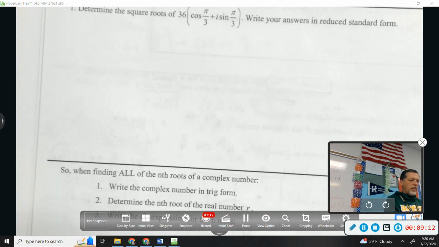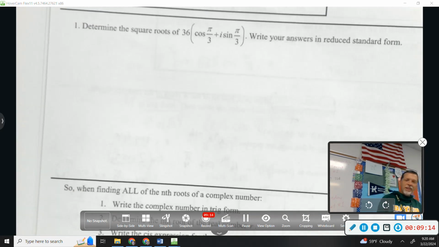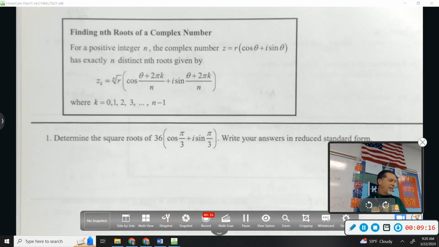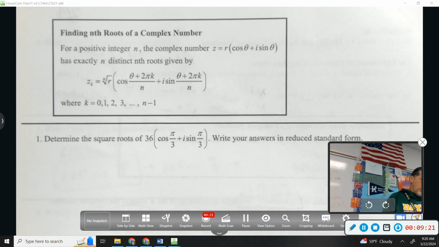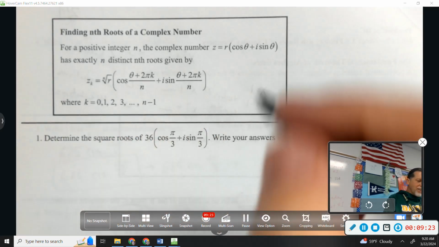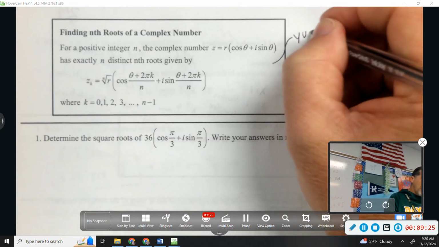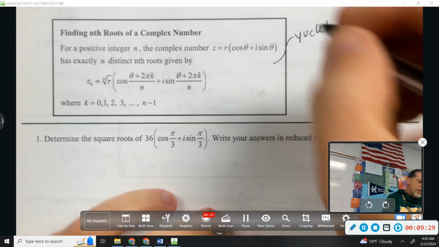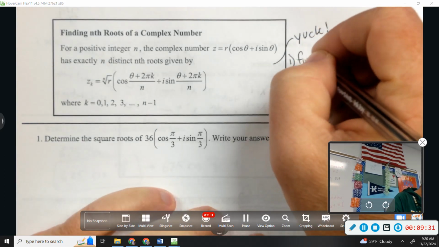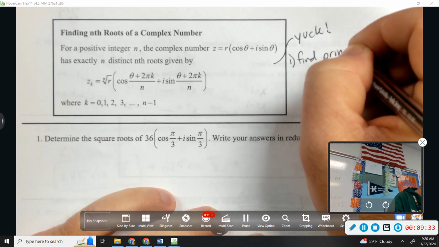Okay, so there's the ugly looking formula. So you could memorize that. Here's my comment. That's yuck. Okay? Here's my steps. Find the principal root. That's the easy one.